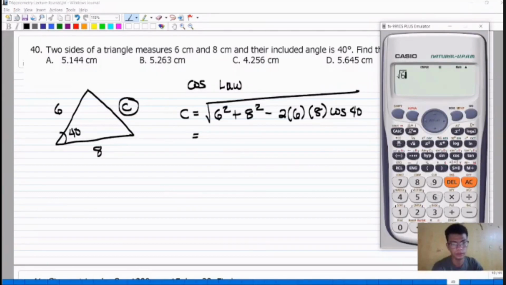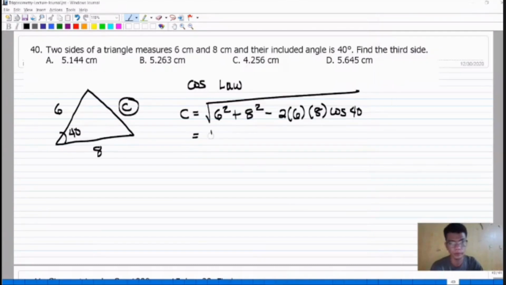And the answer is 5.144 centimeters. That is letter A.